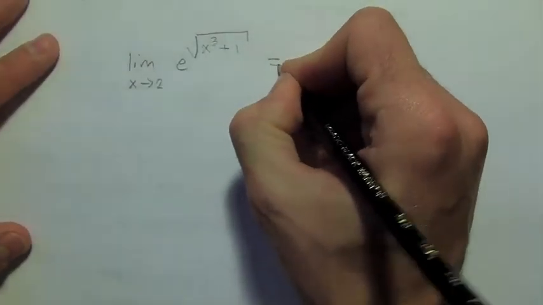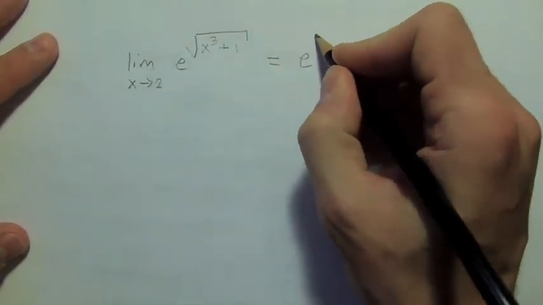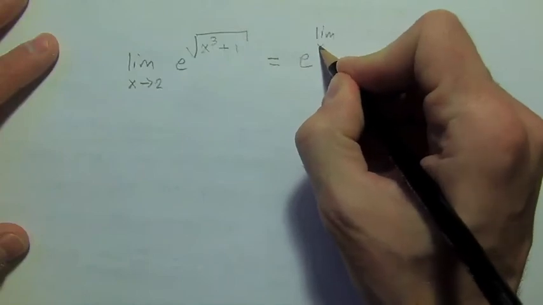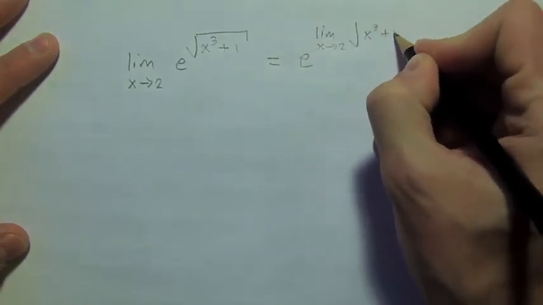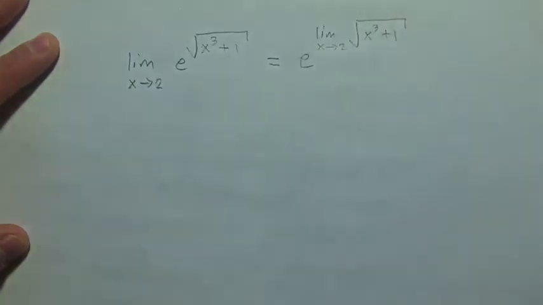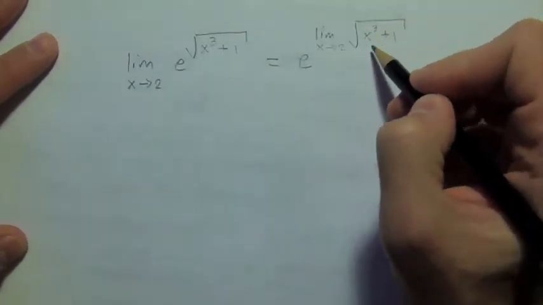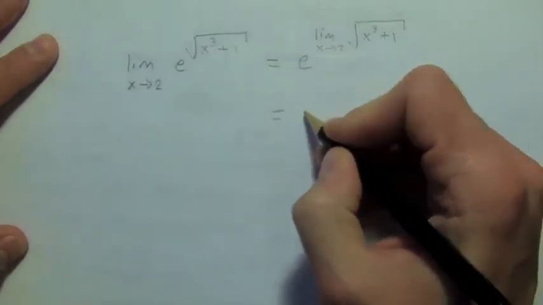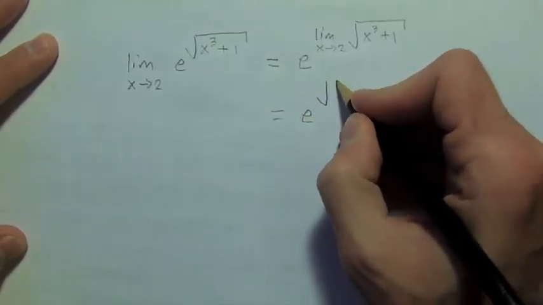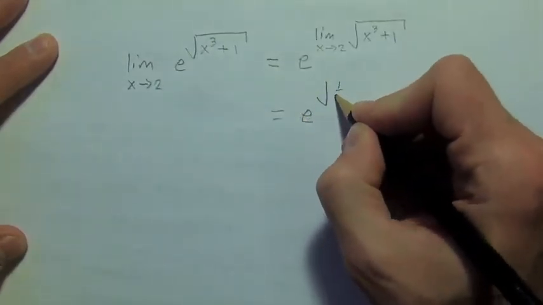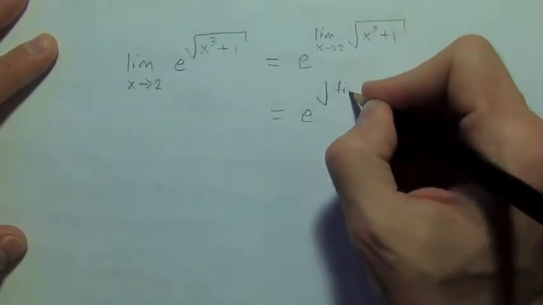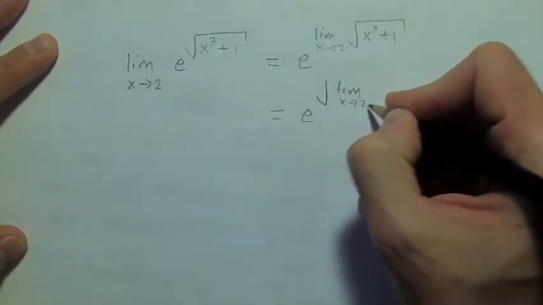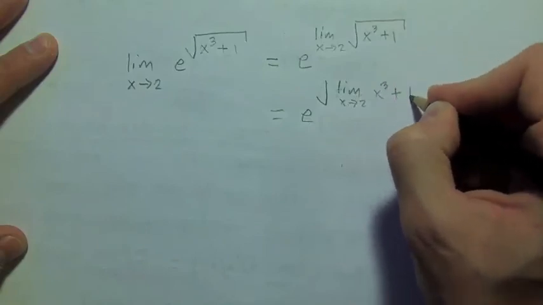So we can go ahead and write this as e to the limit as x goes to 2 of the square root of x cubed plus 1. And this will be continuous, so we can actually move it within the square root to get e to the square root of the limit as x goes to 2 of x cubed plus 1.